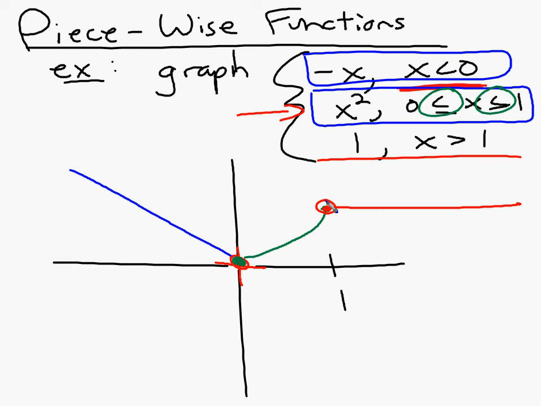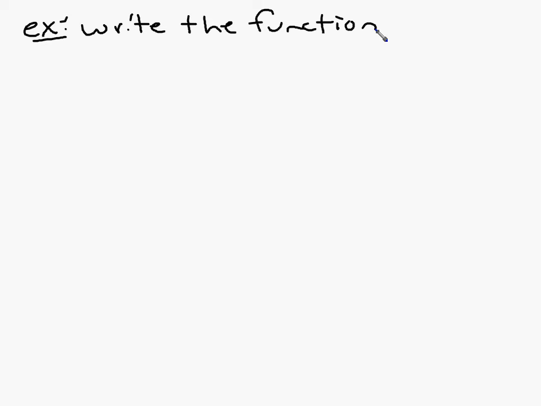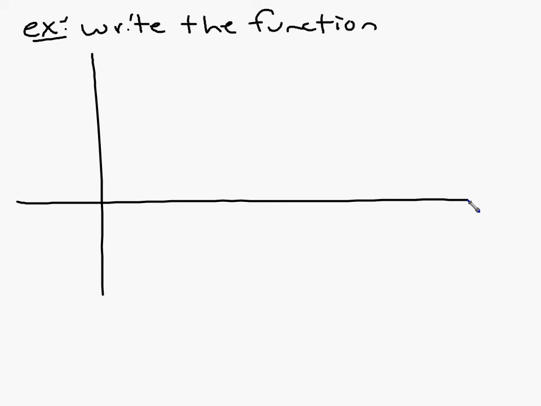So, the other thing that they might do is they might give you the function in a graph and say, write the function. I don't remember if we did them this way or not last year. Let's just see. Basically what we're doing is working backwards.